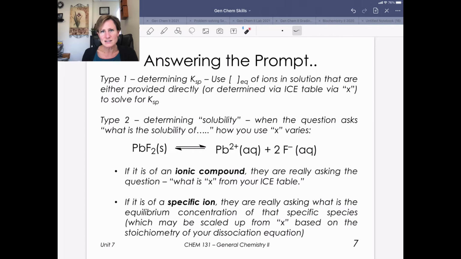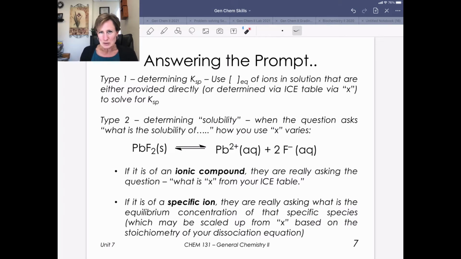So whatever your X is, we need to double it to get our solubility of fluoride. So just make sure you're looking at answering the right prompt. Is it asking about the ionic compound that you started with, or is it asking about one of the ions? Okay, you'll need to use X differently in that way.